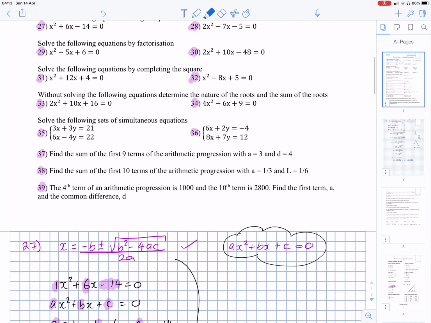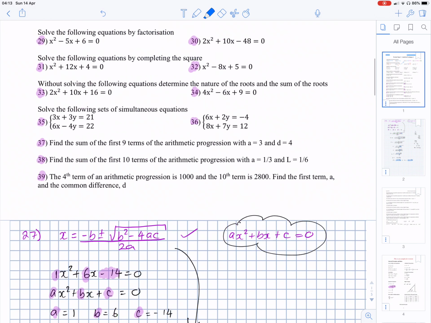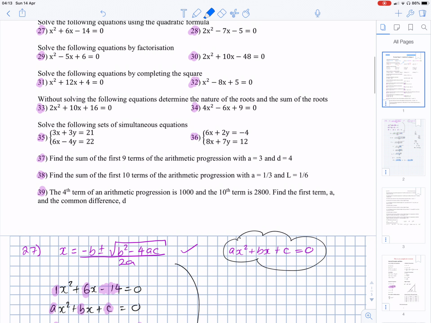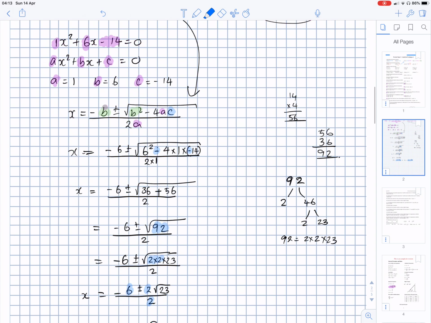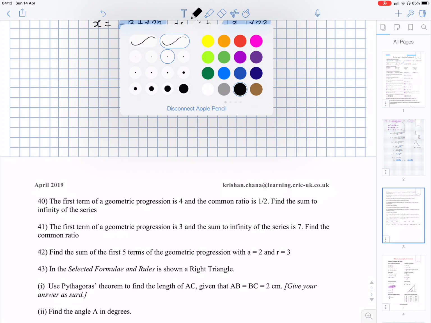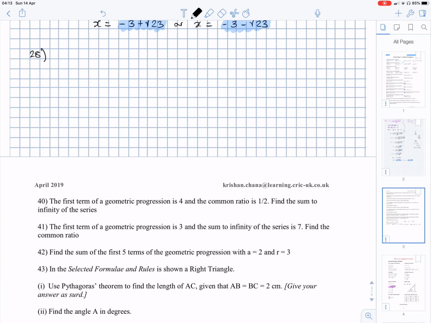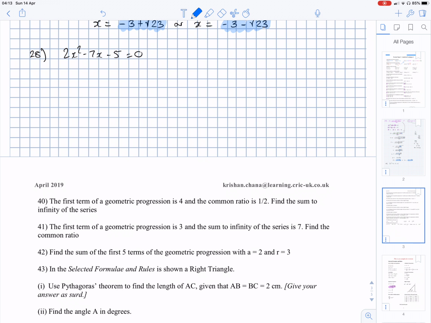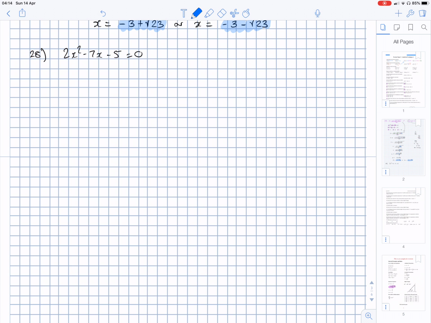It's 2x squared minus 7x minus 5. So number 28, 2x squared minus 7x minus 5 equals 0. So again we do, let's go ahead and create another page here.